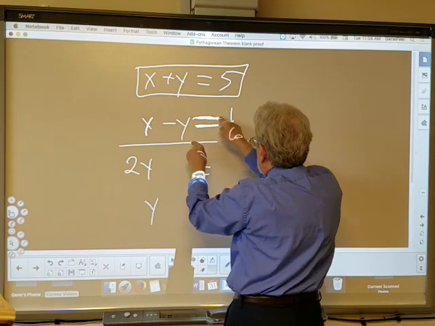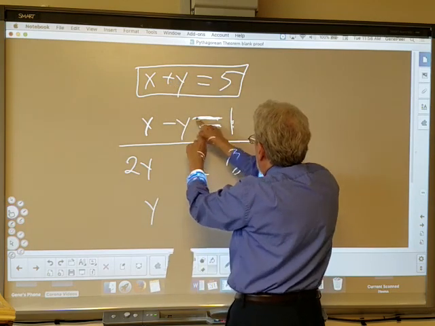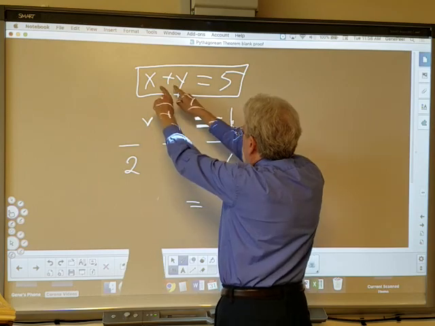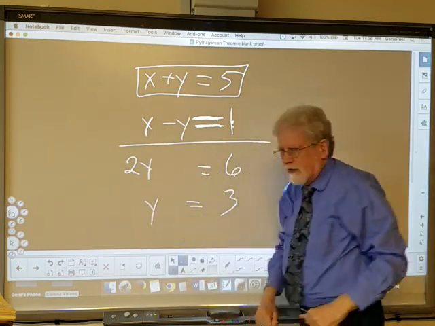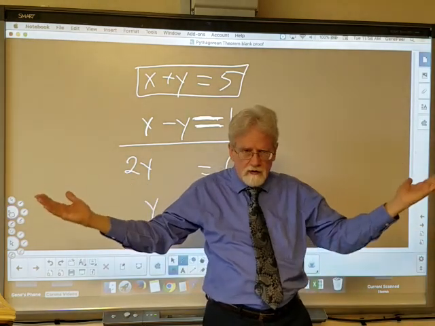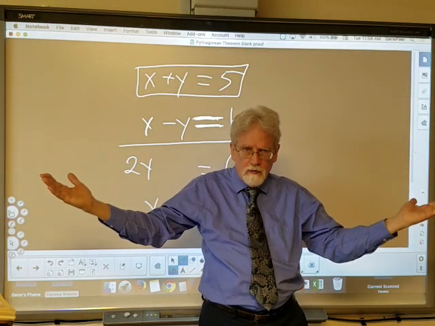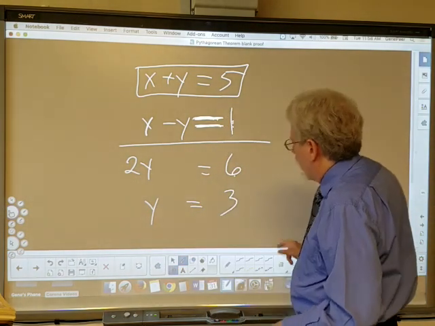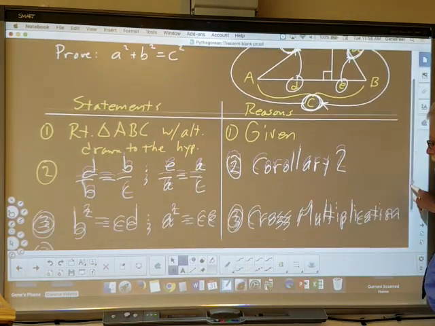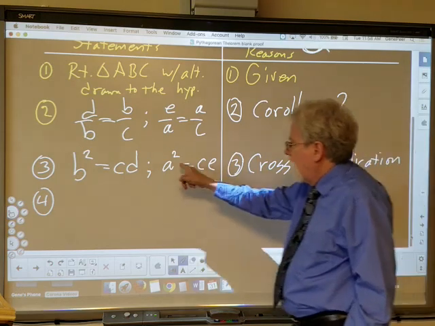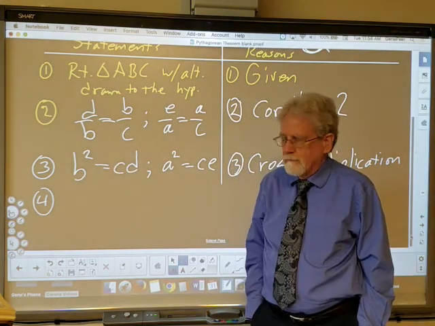I add it in the form of 1 on this side, and in the form of x minus y on that side, but it's really the same thing. So I'm just adding the same thing to both sides of an equation, thus making the scales balance. So, back here, that is why I'm allowed to add these two equations.